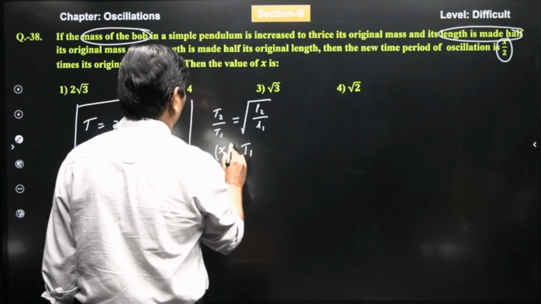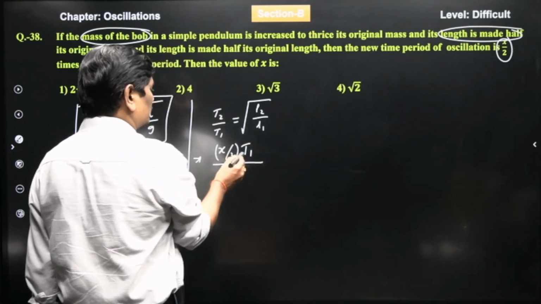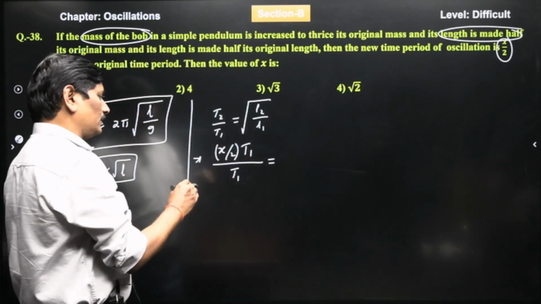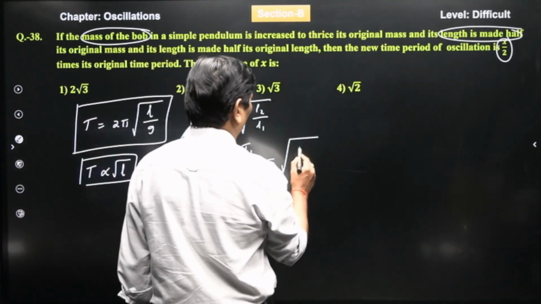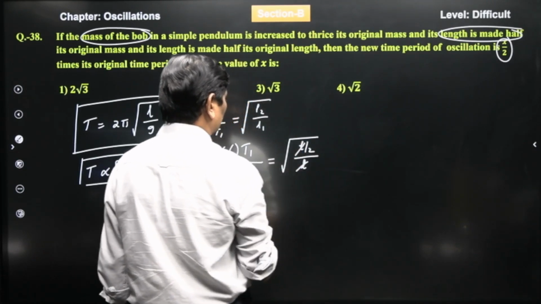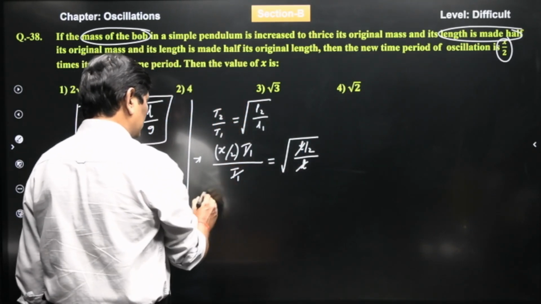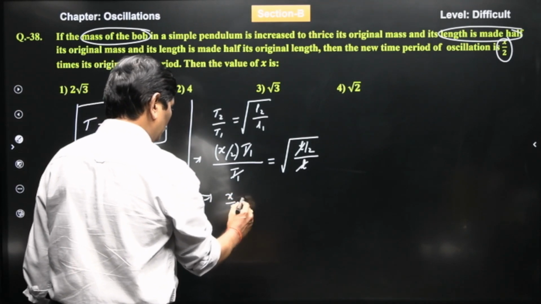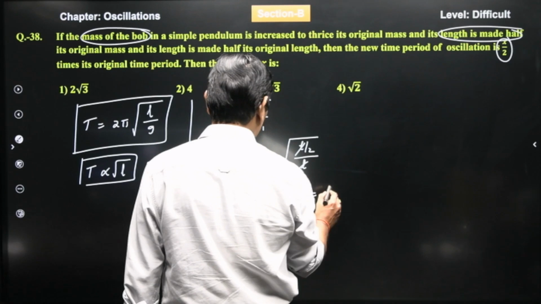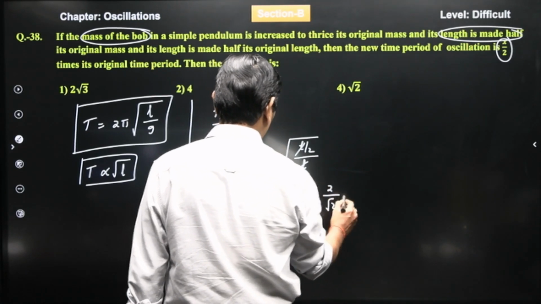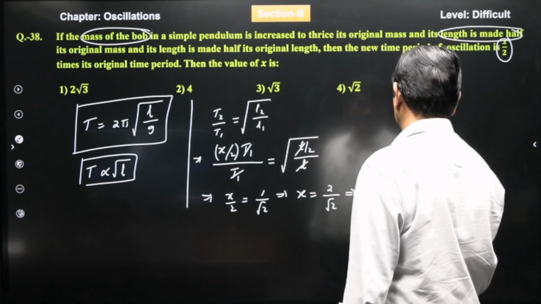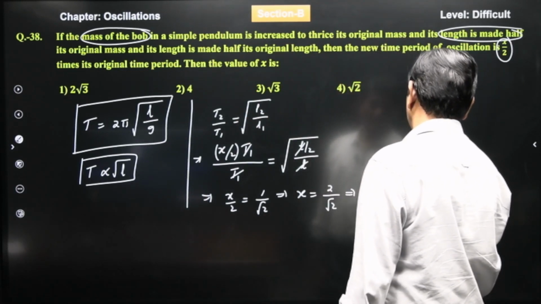Original time period is T1, so x by 2 times T1 is T2. T2 by T1 is equal to square root of (L by 2) by L, T1 gets cancelled, x by 2 is equal to 1 by root 2, so x is equal to root 2.